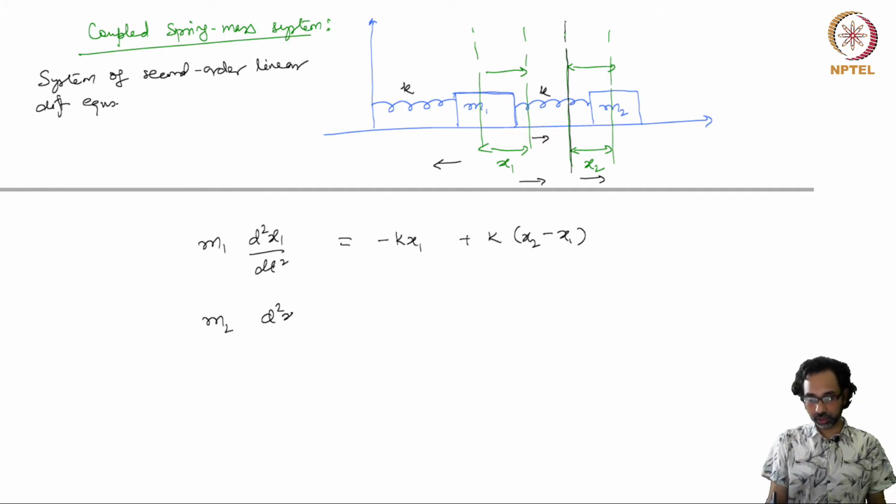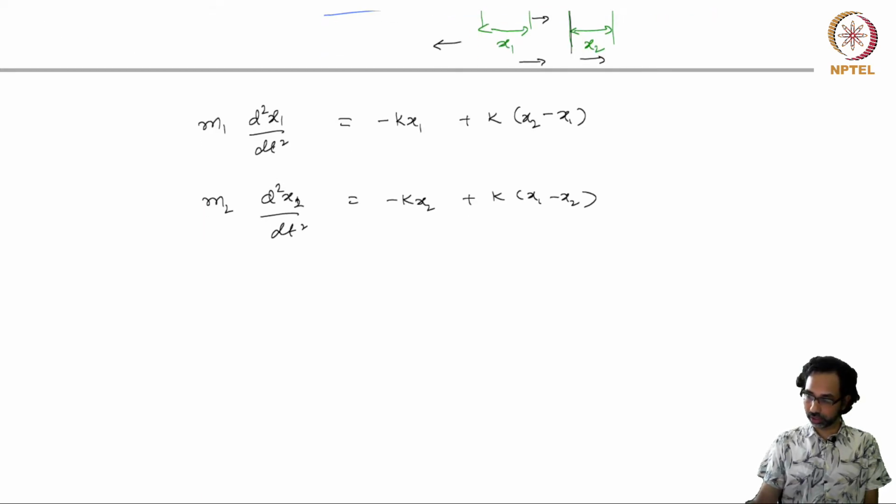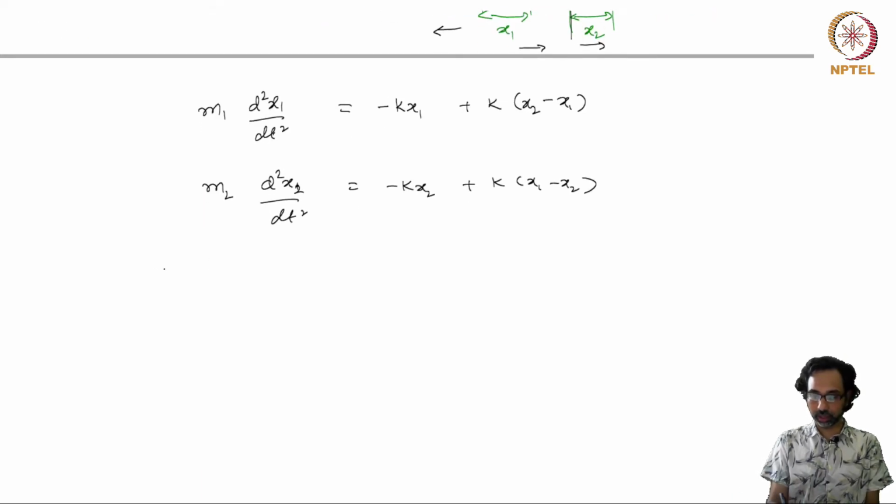Similarly, m2 d2x2 over dt2 is equal to minus k x2 plus k (x1 minus x2). So this is now a system of linear second order differential equations, and we can have some initial conditions.